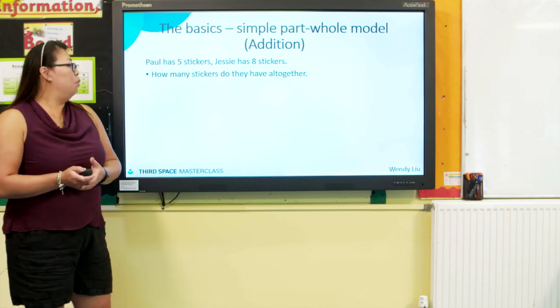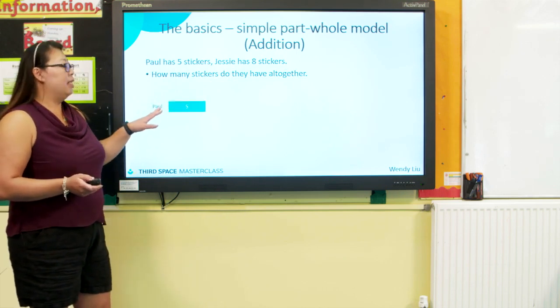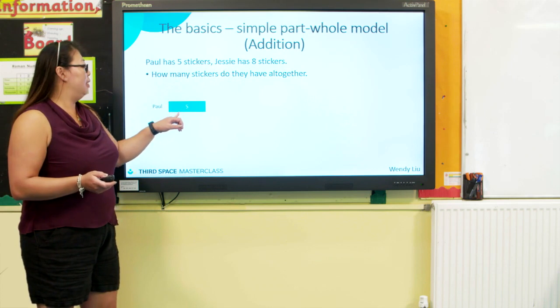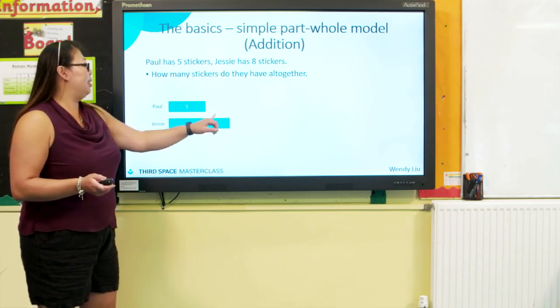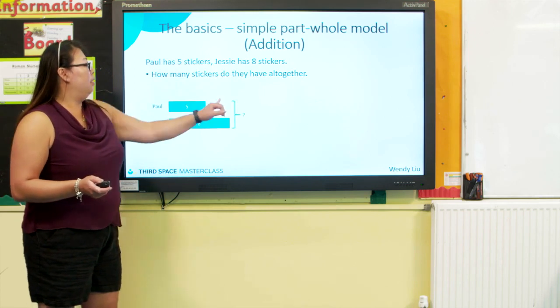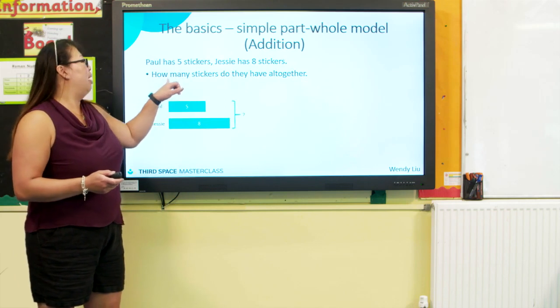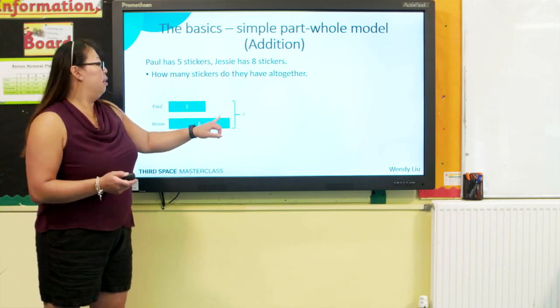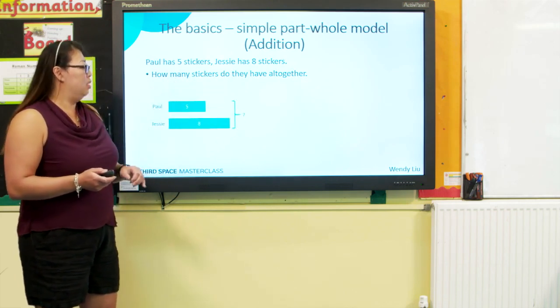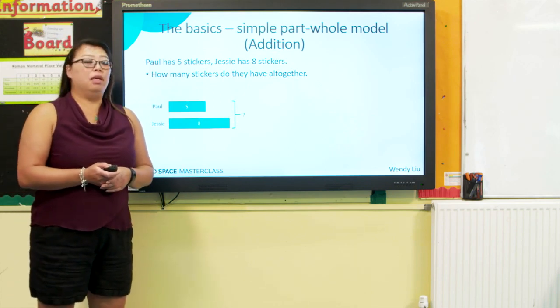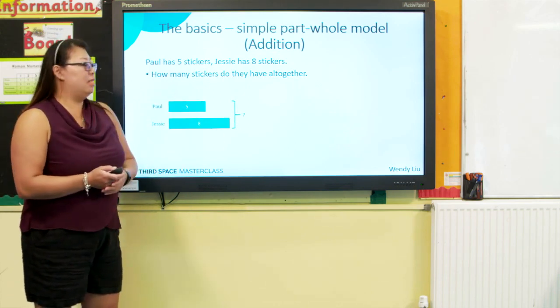How many stickers do they have altogether? So here you can see Paul with 5 stickers, the bar representing 5, Jessie with 8 stickers, and then the bracket here shows us what the question is. So how many stickers do they have altogether? The question mark is here, that's what they're trying to find out. So label up your bars as so.